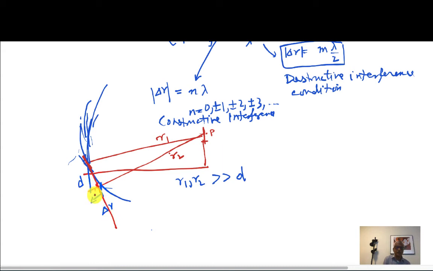Then where it crosses, this is going to be almost equal to delta r. So this is an approximate delta r. And this is the angle theta we look in, the angle to the point P, and theta is almost that theta.